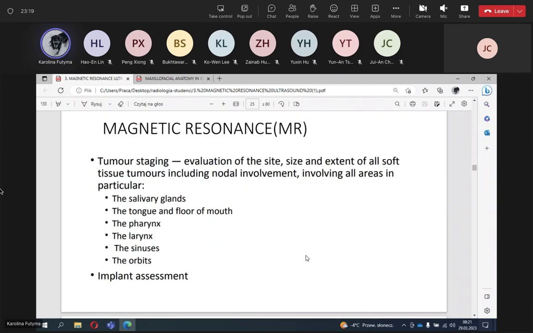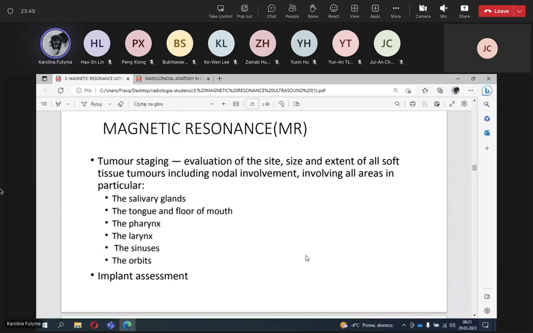Sometimes it is useful in tumor staging, so evaluation of the size and extent of all soft tissue tumors, including nodal involvement. So we can also examine our lymph nodes, involving all areas, in particular the salivary glands. So magnetic resonance is a little bit more helpful in salivary gland imaging than CT or CBCT.